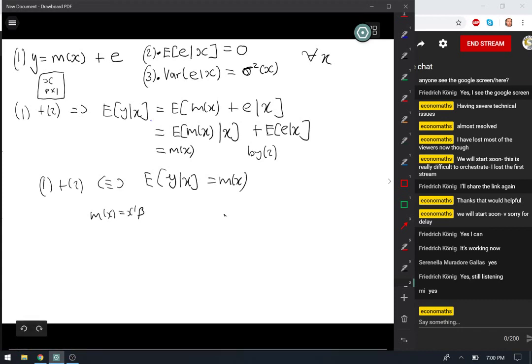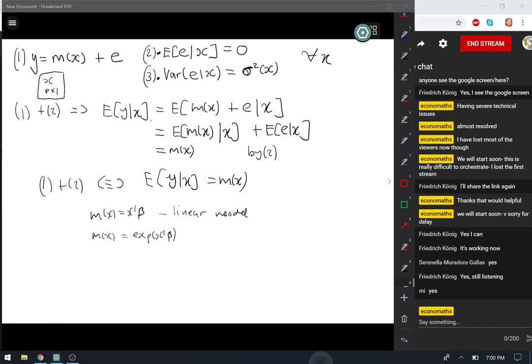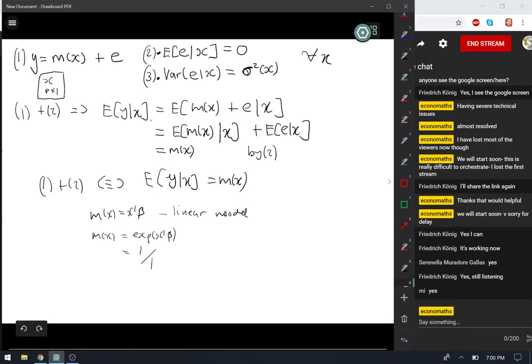So this will be the linear model. But there's no reason why it should be linear. In general, this could be a nonlinear function. We could have that m of x is the exponential of this, for example. In that case, that would be a nonlinear model. Or we could have it equal to 1 over this, whatever. Any nonlinear function, and it could be something really complex.